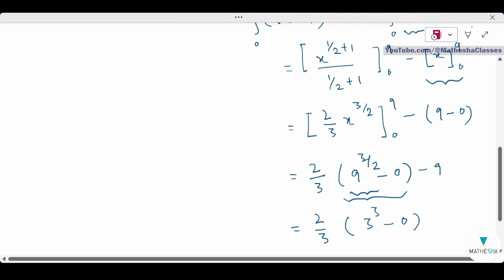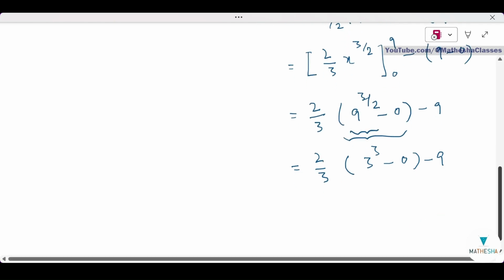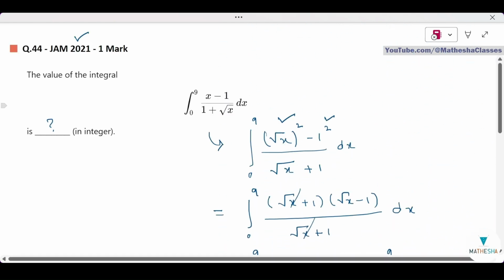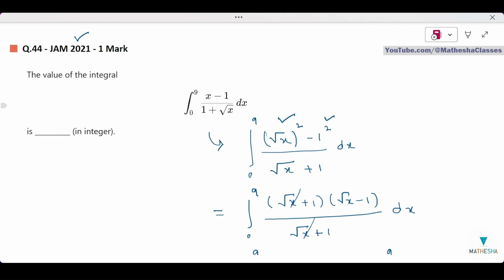So that will be 2/3 times 3 cube minus 0, minus 9. So that will be 2 into 3 square minus 9. So the answer is 9. So the answer of this question is 9.